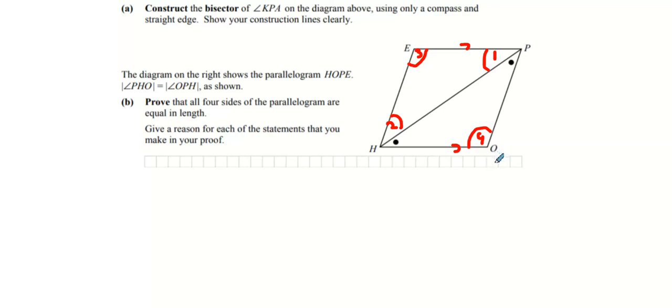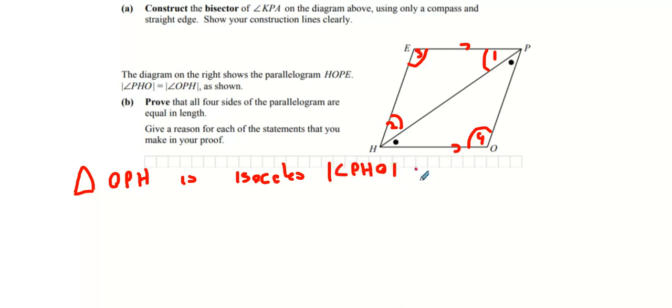So that will be, first of all, triangle OPH is isosceles. Now, why is it isosceles? Well, this gives me angle PHO equals angle OPH.